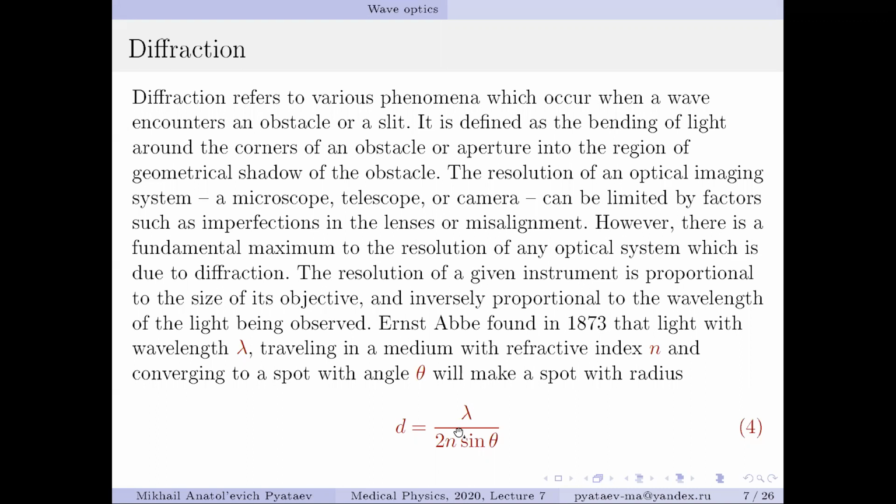That's why we cannot increase resolution by increasing n, and we cannot decrease lambda because we can see objects only in the visual part of the spectral range. And if we use blue light, for example, instead of white light, we can increase resolution, but we will lose information from colors. We will not see colors if we use only blue light. And there is another way to increase the resolution of microscopes.